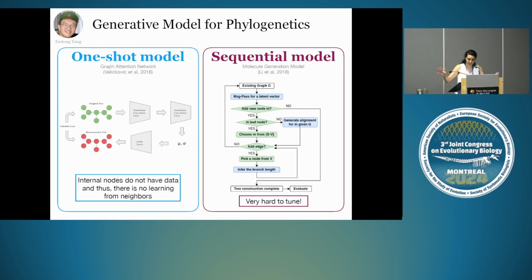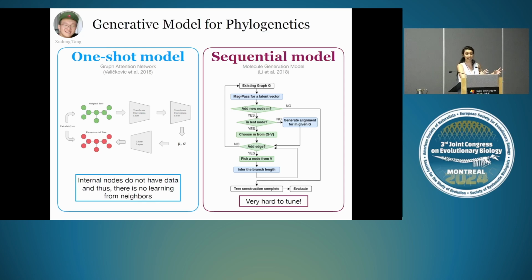Zhang worked really hard. He was trying one-shot models that are based on graph attention networks, where this is an autoencoder, like the one Caleb was talking about. I don't know where he is. So you're trying to find a latent space for each node in the tree, and then try to predict whether there should be an edge between the nodes. So you start with a tree, and then you reconstruct the tree. The challenge for phylogenetics, which I don't know if others have seen as well, is that if you try to bring ideas from other graph structures like social networks, for example, they have data in every single node.